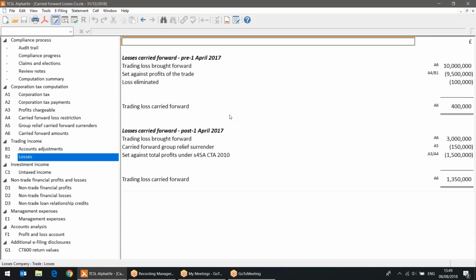Now, the very first feature of the legislative reforms to be aware of is that the new relaxation rules apply to losses arising from 1 April 17 only. The offset rules continue to apply to losses that arose before this date, and as a result, it follows that carry forward losses must now be streamed separately in the tax computation, with pre-1 April 17 losses tracked and dealt with in a different manner to post-1 April 17 losses.